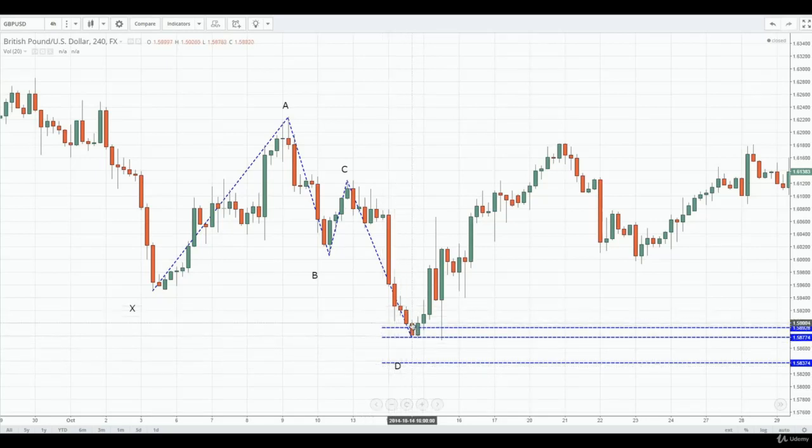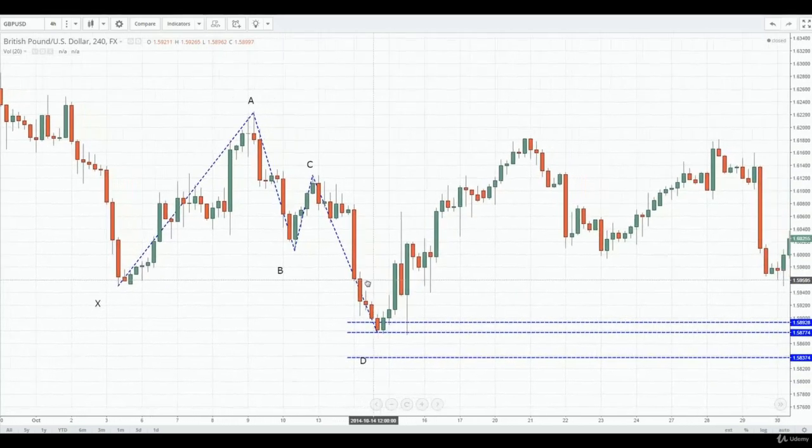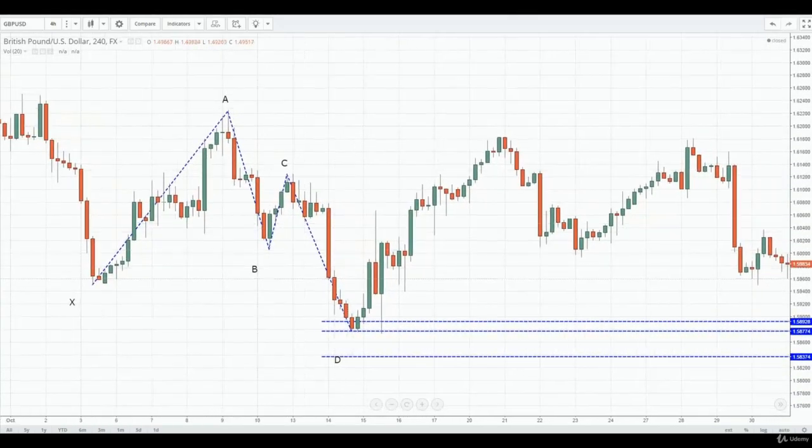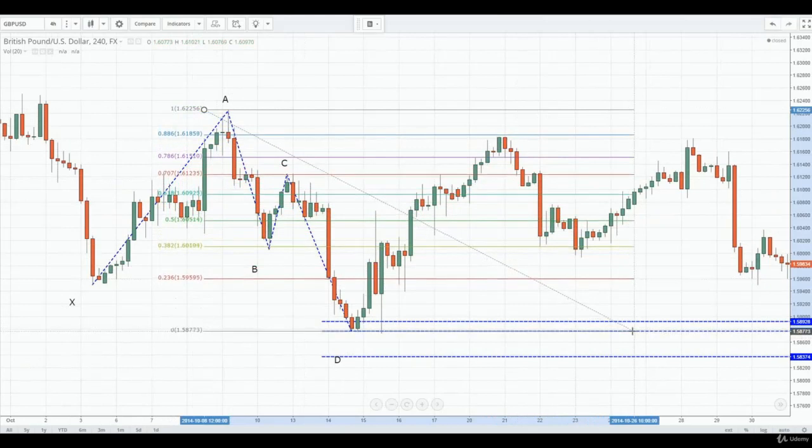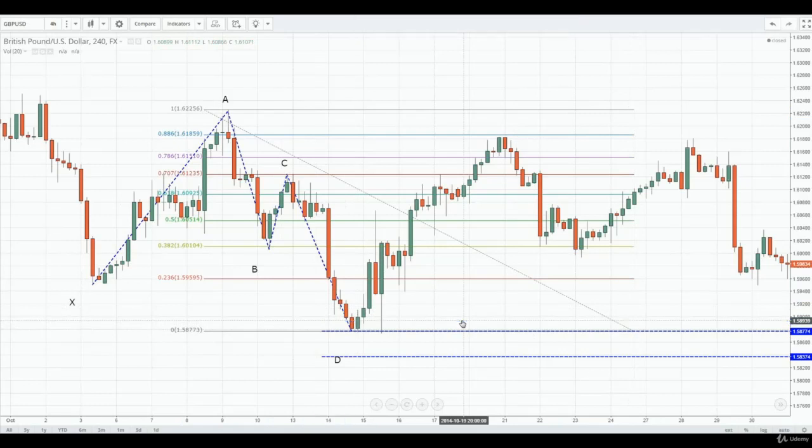So we would drop down again to the 1 hour time frame on this. And let's say we got our confirmation. We now need to look for our targets. So we have our stop ideally set somewhere just beyond the 141. And I'll remove this because we no longer need it. So our first target is the 382, which comes in at 1.6.